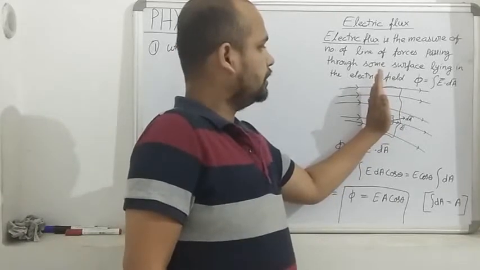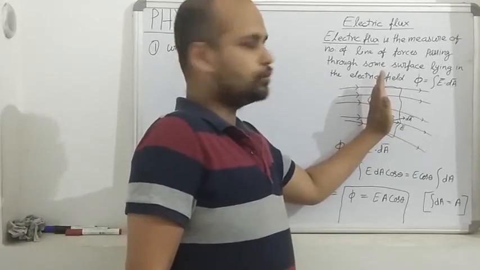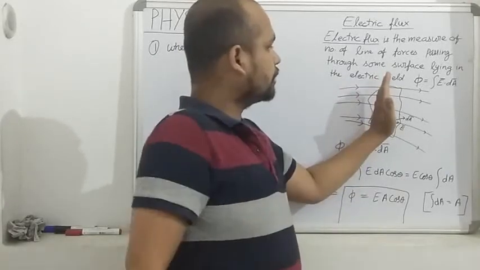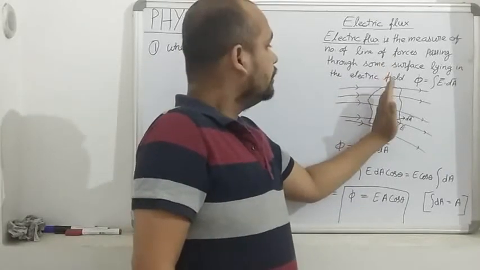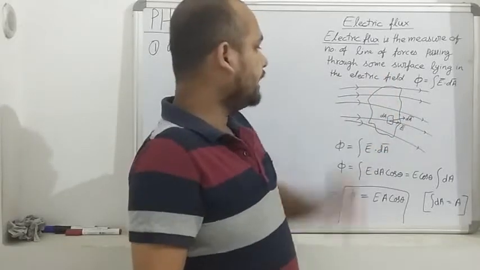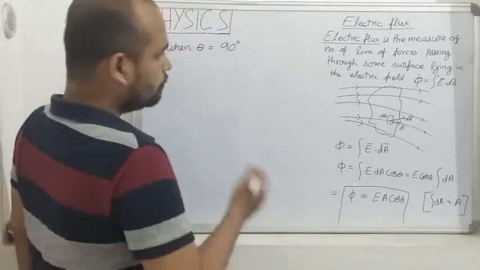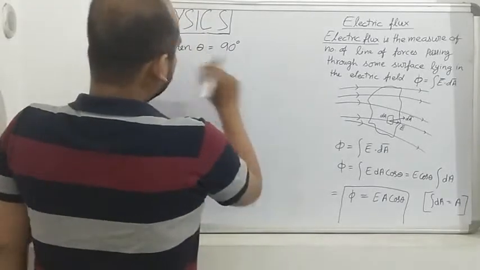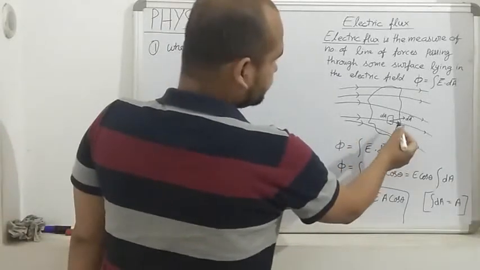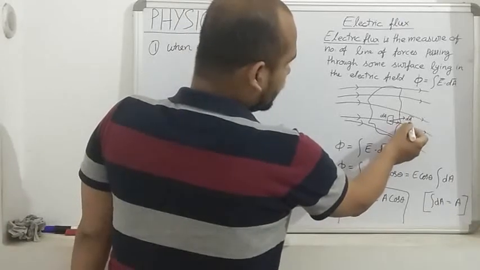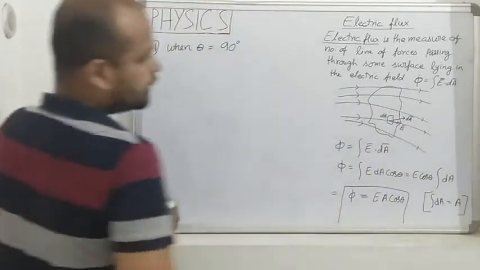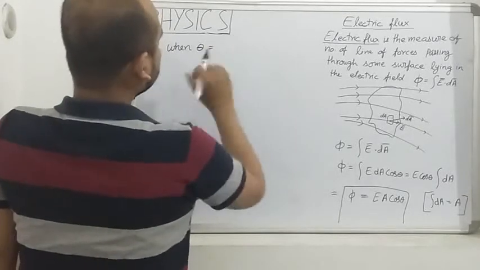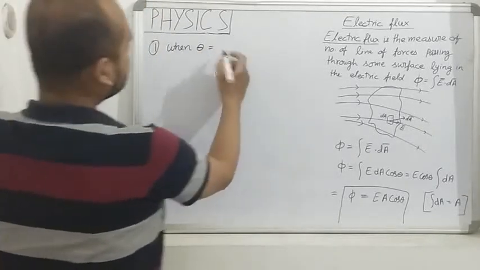It means the plane of the surface is totally perpendicular to the electric field. In that case, what will happen? The angle between dA and electric field E will be 0 degrees.